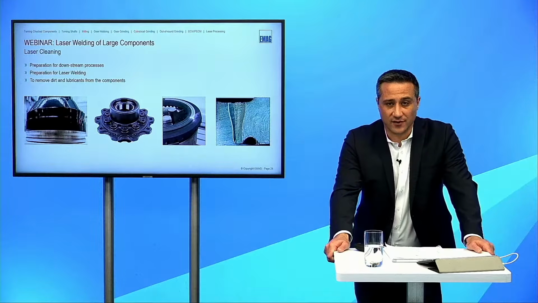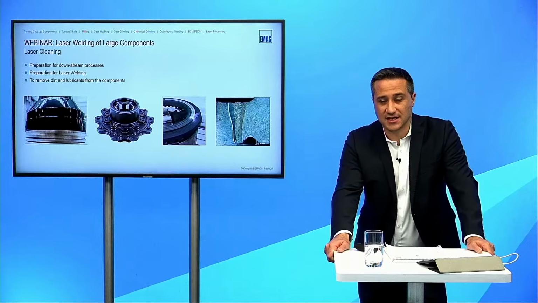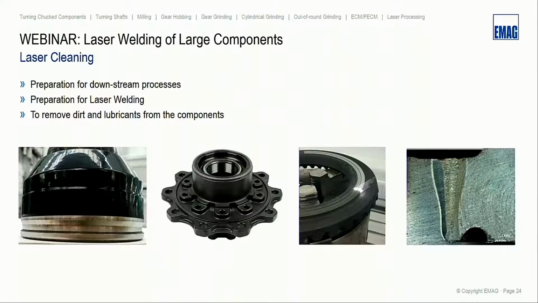So we do have indexing table machines as well as the equipment to implement it into a welding machine or implement it into another solution or another machine, always with the focus on a kind of preparation for, in that case, a downstream process as one example. We are going to prepare the workpieces for the welding process, and in today's special request we are going to remove the paint from a wheel hub also for a truck.